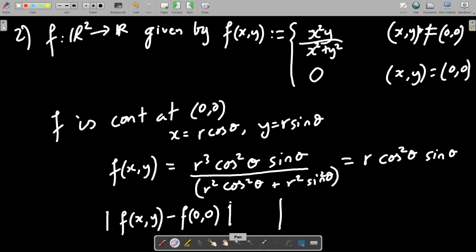So this is going to be equal to r cos square theta sin theta.